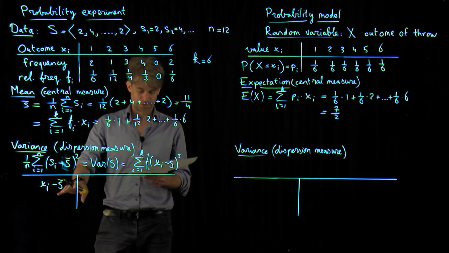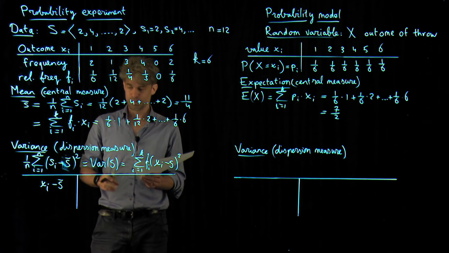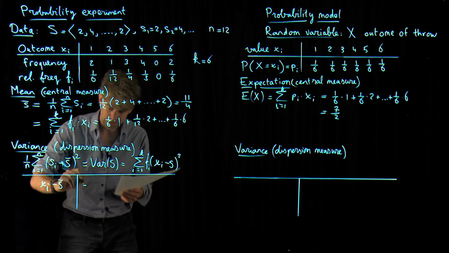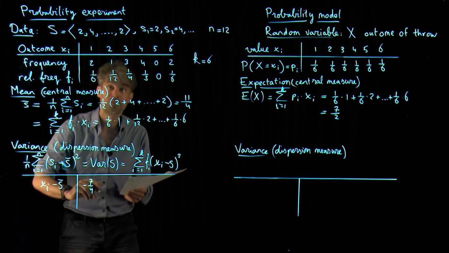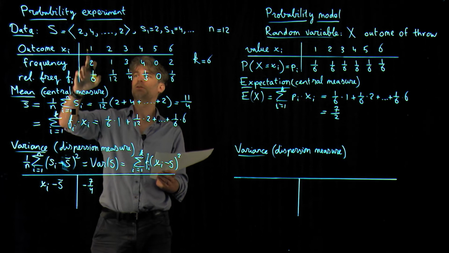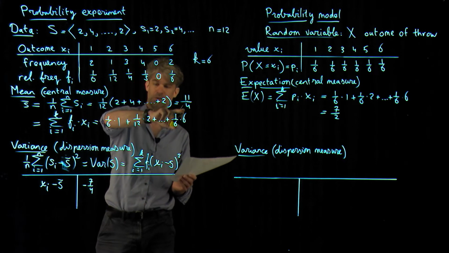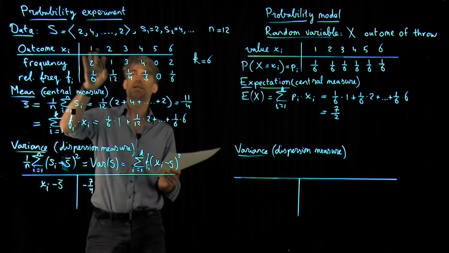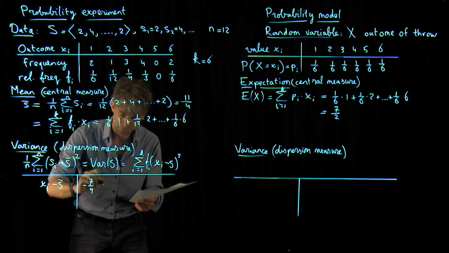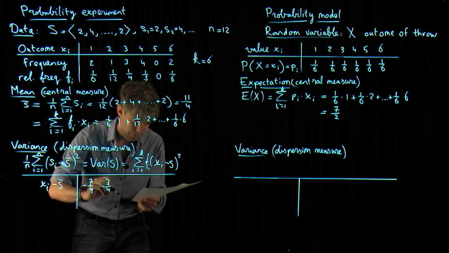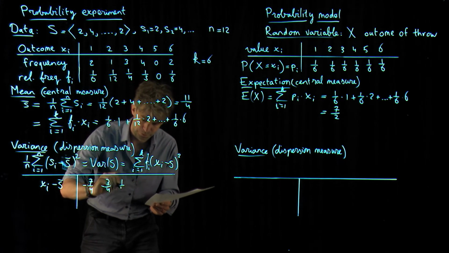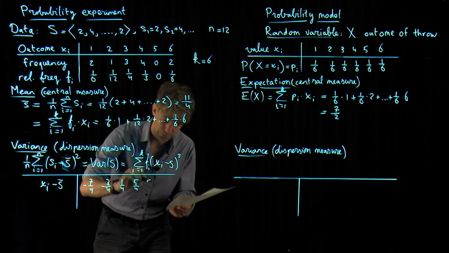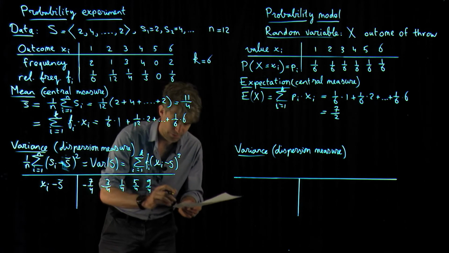So we're going to have some negative numbers at first. This is minus 7 over 4 for the first one, right? This is outcome 1 minus 11 over 4, which is minus 7 over 4. And then it just increases by steps of 1. So it's minus 3 over 4, 1 over 4, 5 over 4, 9 over 4, and 13 over 4.